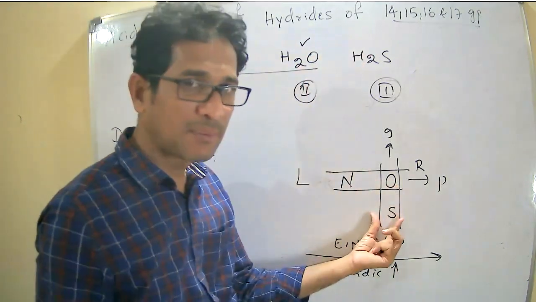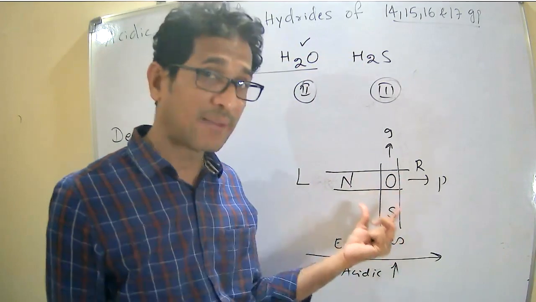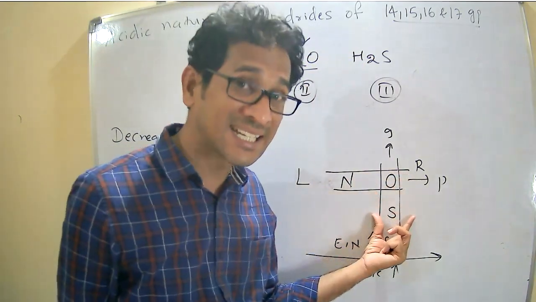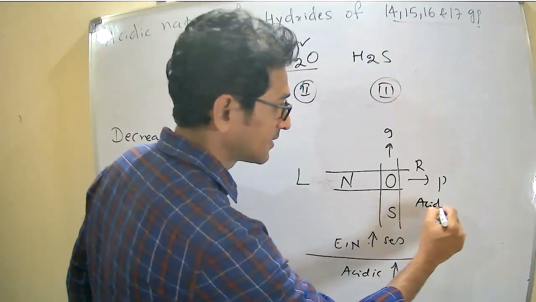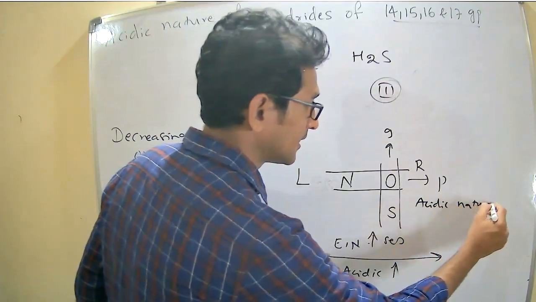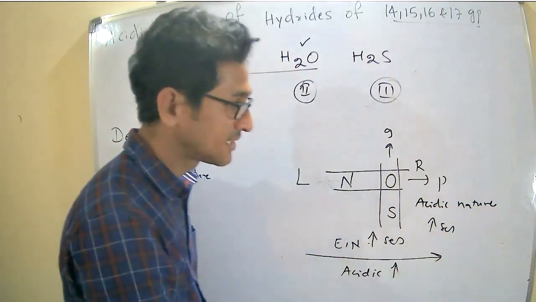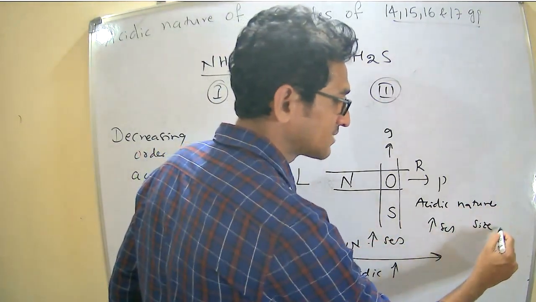in a group, what happens from top to bottom? In a group, acidic nature increases. Why does acidic nature increase?